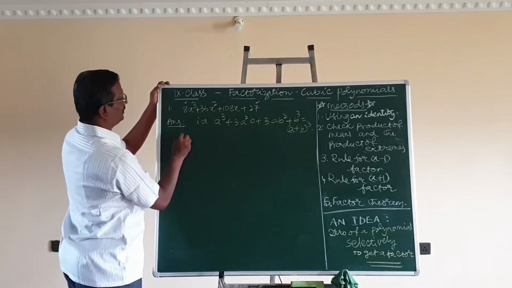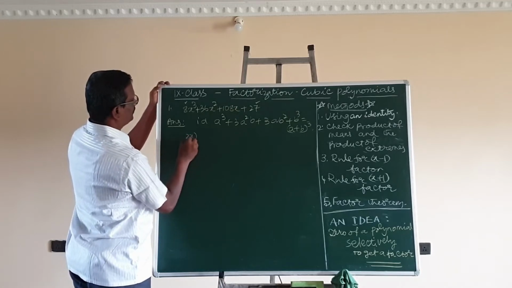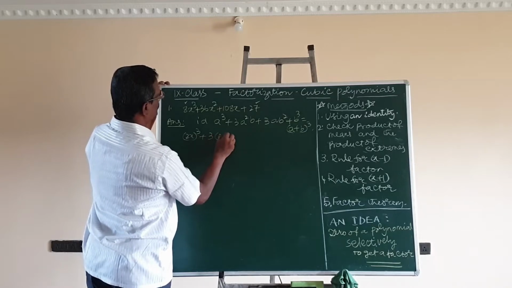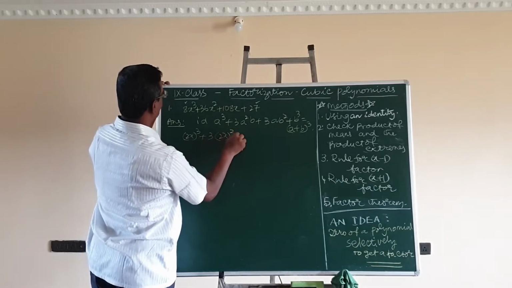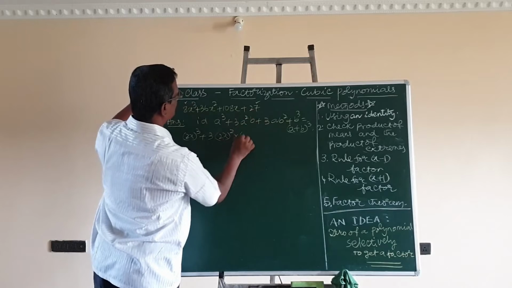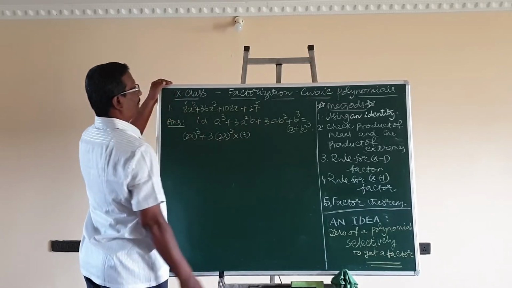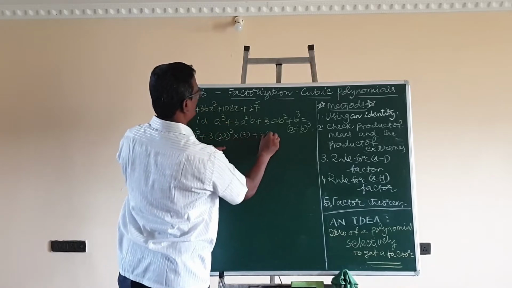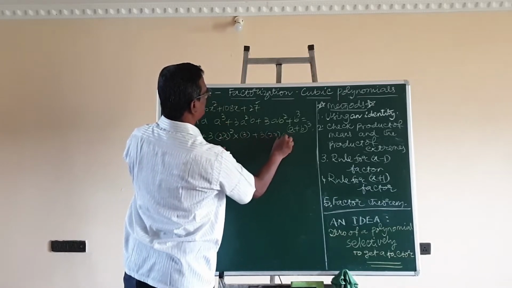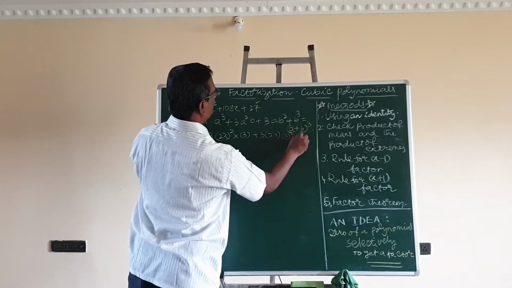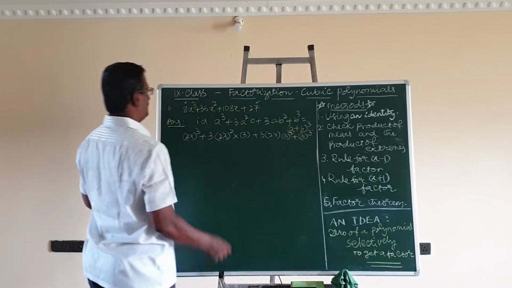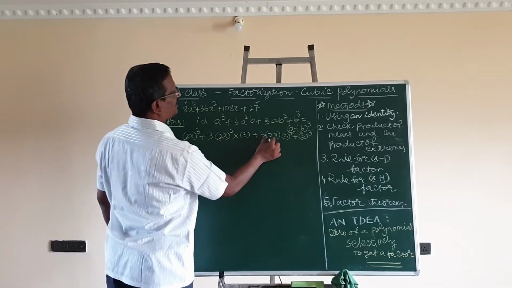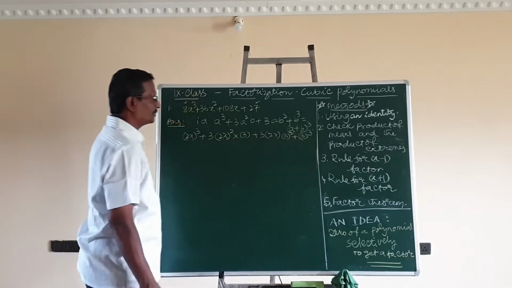The two middle terms here: 2x whole cube plus 3 into 2x whole square into 3, plus 3 into 2x into 3 square, plus this is 3 cube. It is in the form of a cube plus 3a square b plus 3ab square plus b cube.